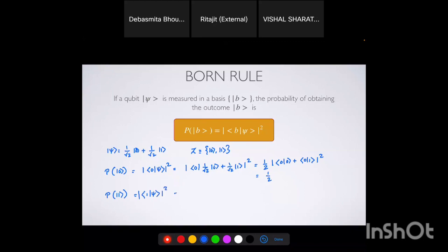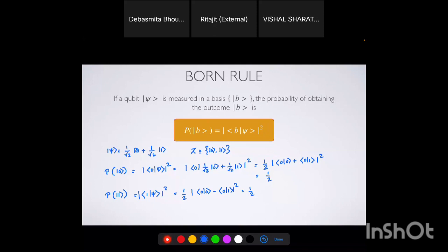The same calculation for outcome 1: I can take half out, and it will be |⟨1|0⟩ minus ⟨1|1⟩| squared. It's also half. So if you measure this particular state in the Z basis, which is also called the computational basis because computations are done over 0 and 1, you get 0 with probability half and 1 with probability half.